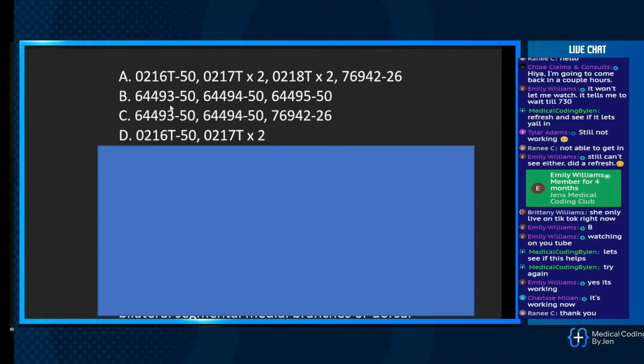What header are we under? We're under paravertebral spinal nerves and branches. If we are going to be doing the 93s, where are codes 0216T? Where are they in our CPT book?